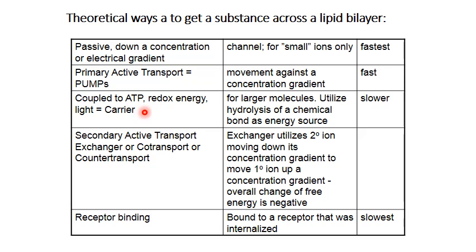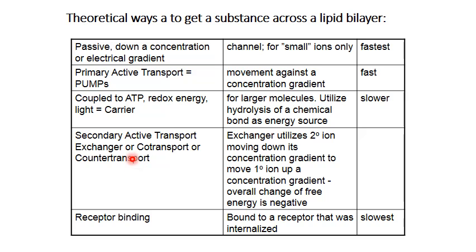So we could utilize any high energy phosphate bond or redox energy or even light energy. And these larger molecules take advantage of that, and we used to call those carriers. Now everything is really a transporter. But these utilize hydrolysis of a chemical bond as an energy source, and they take a little longer.